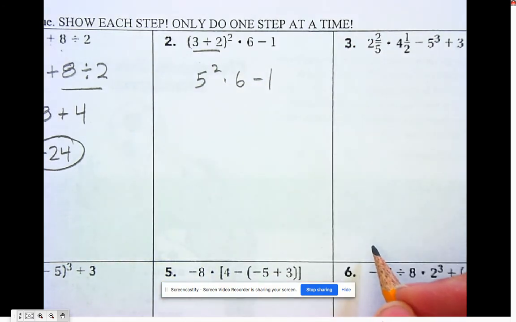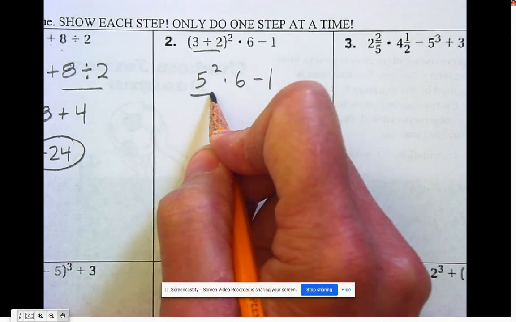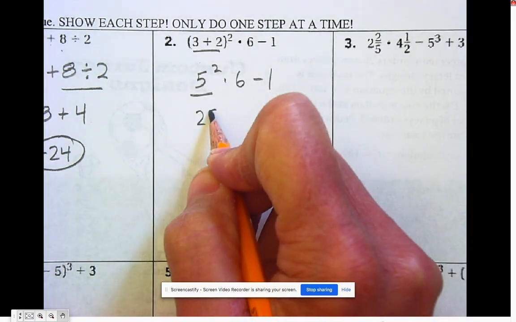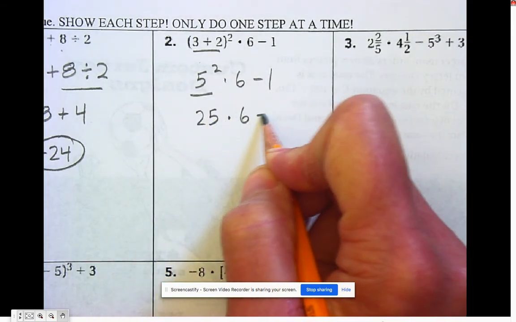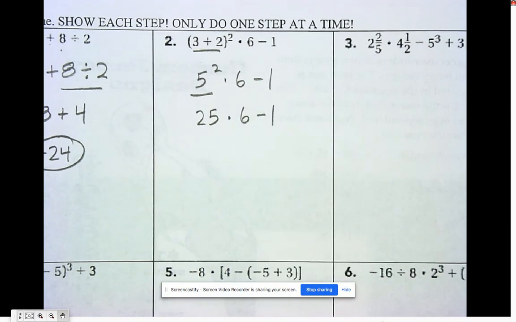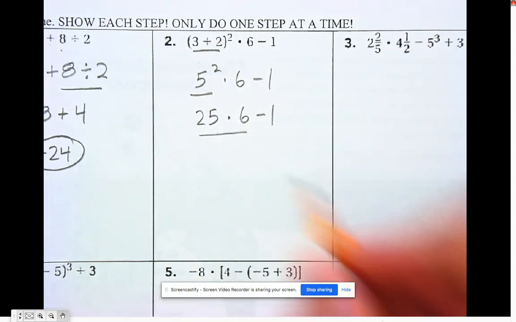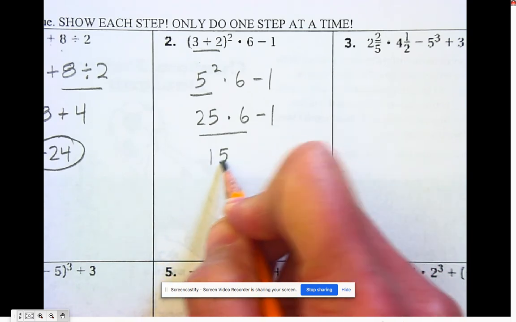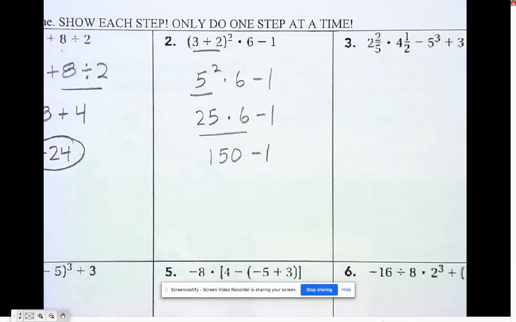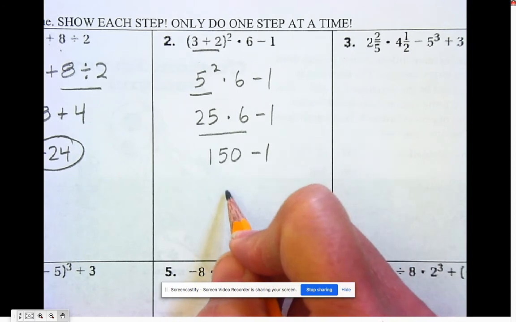Okay, then I'm going to do my exponent next. Okay, then I'm going to do my multiplication next. 50 minus 1. Last thing is my subtraction.